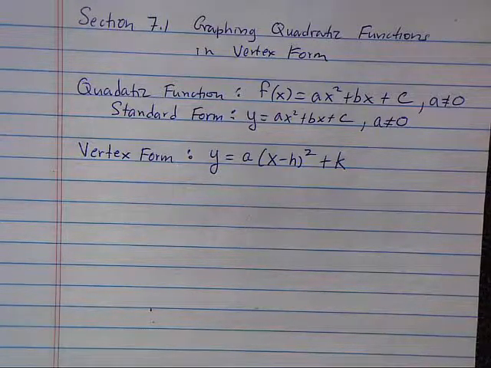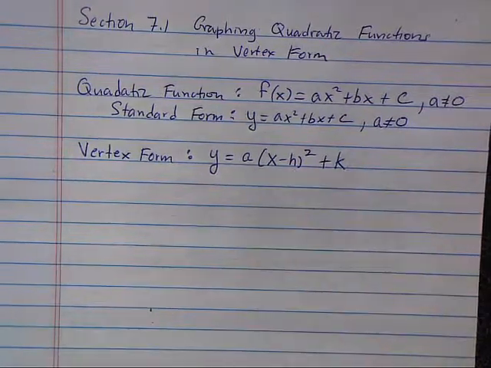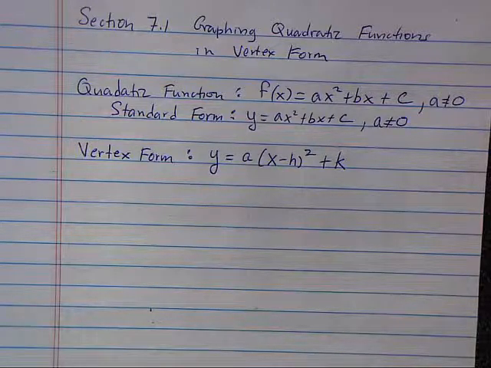And we're going to learn in a few minutes here that these numbers, a, h, and k, are very, very important towards the shape and position of the graph of the equation.